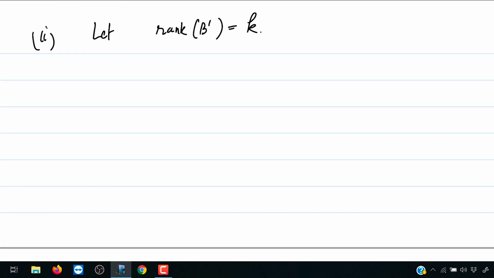But what does that mean? Recall that if a given matrix m cross n has rank r, then you can get hold of elementary matrices E1, E2 up to El and F1, F2 up to Fs. Let me not use r, since r is given in the problem.